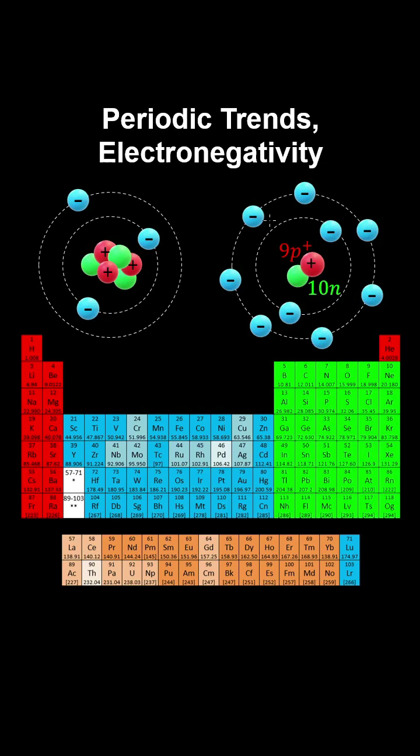Electronegativity is the ability of an atom to attract an electron from another atom to form a chemical bond. So as we go from the lithium atom to fluorine, you get more protons in the nucleus and valence electrons added to the outer shell, so the shielding electrons do not change, and the effective nuclear charge increases. Therefore, as we move from the left to the right of the periodic table, the electronegativity of the atom increases.